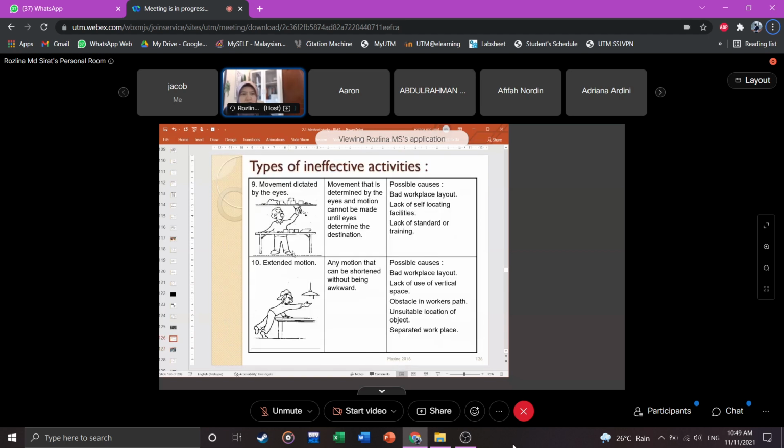How do you relate this to number 9 or number 10? Movement dictated by the eyes and extended motion.